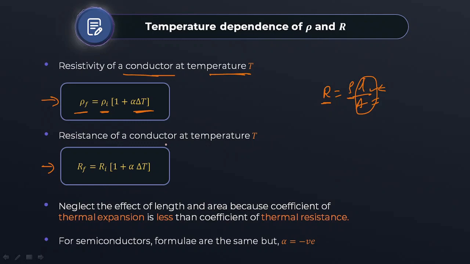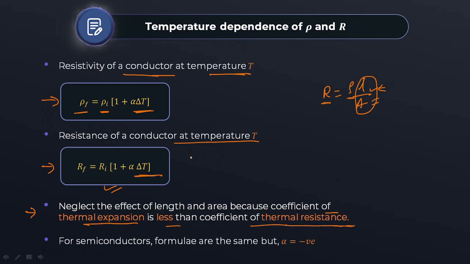So we can say resistance of the conductor at any temperature T, if there is a change in temperature delta T, will be equal to initial resistance into 1 plus alpha delta T, right? Here we neglect the effect of length and area because the coefficient of thermal expansion is less compared to the coefficient of thermal resistance.